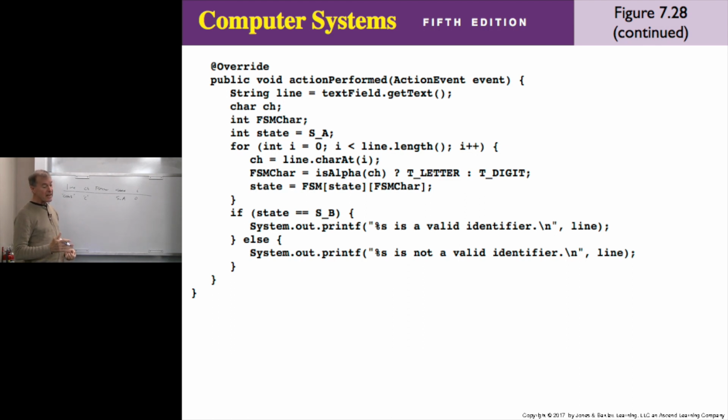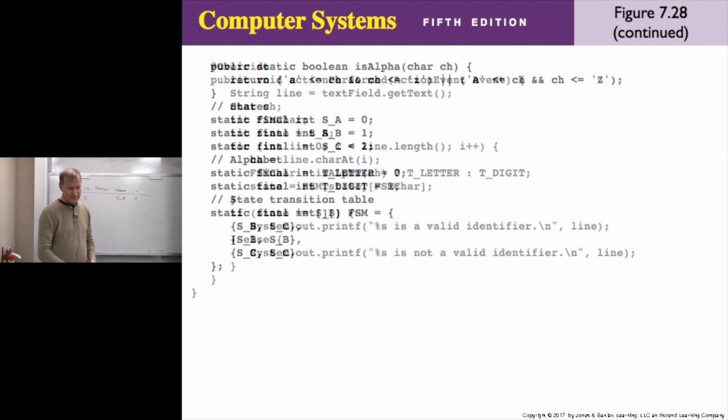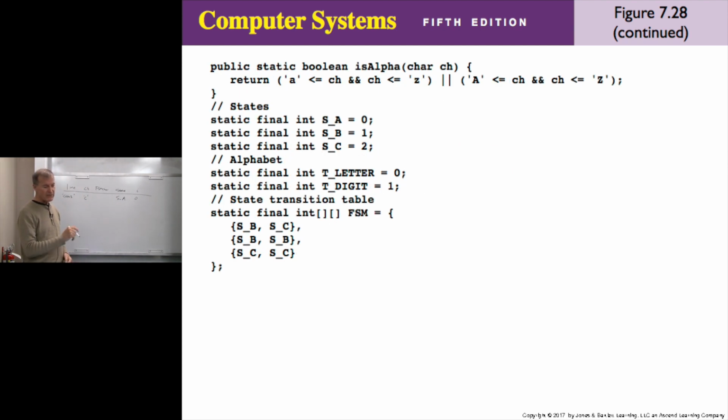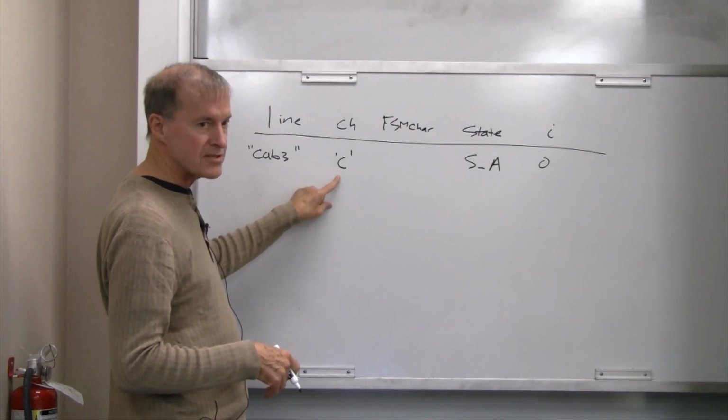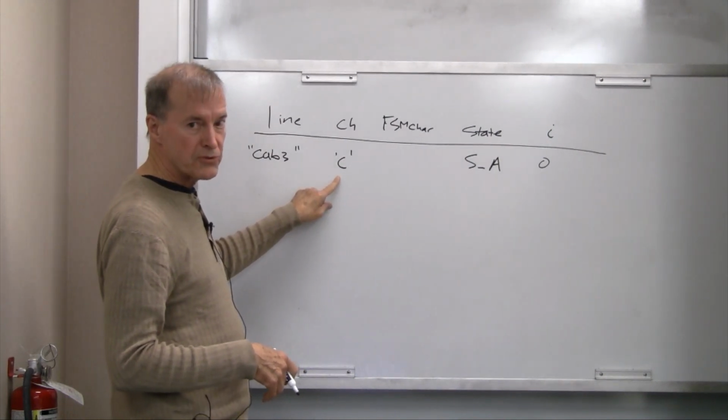Is alpha ch? So remember what our isAlpha was in the previous slide? We wrote a little Boolean isAlpha, and it checks whether it's a lowercase or an uppercase letter. Does everybody see how that worked? So we're checking isAlpha(ch). Does that return true or false? If ch is C, that returns true.